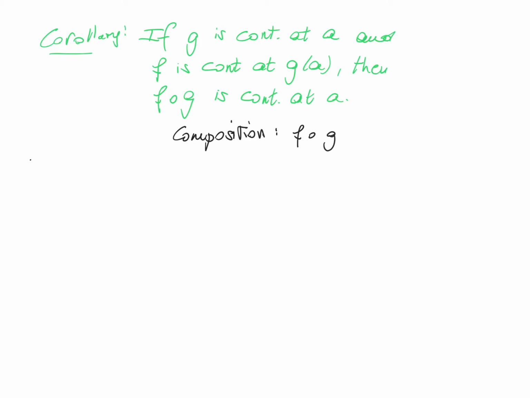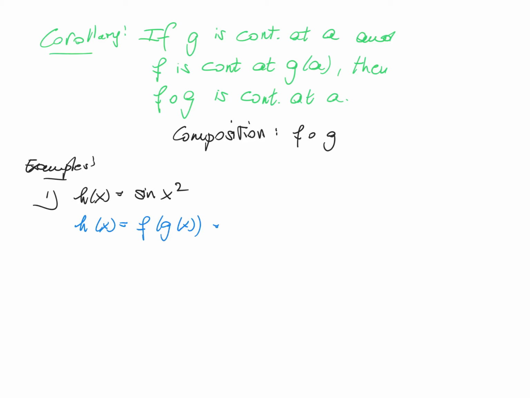And to conclude this chapter, let's look at two final examples. The first one: suppose we have a function h of x, which is the sine of x squared. What can we then say about the continuity of h of x? h of x is clearly a composite function, so it is f of g of x, also written f after g of x. In this case, the function f of x is sine x.